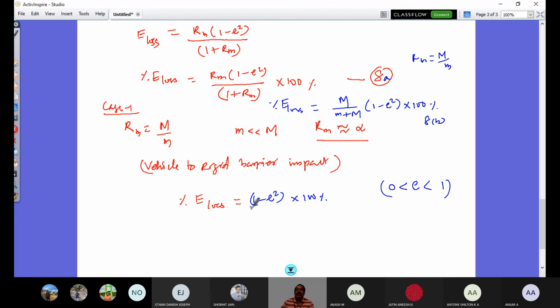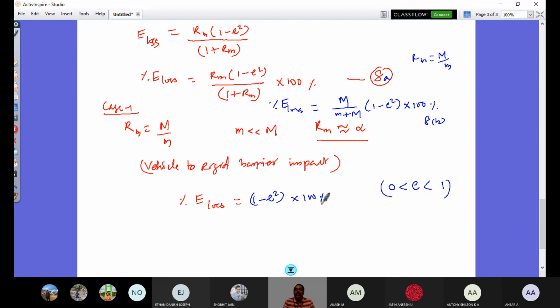If that is 0 here, what is the answer? Energy loss is 100%. That energy goes into the deformation phase of your crash event, accounted for by structural deformation and absorbed by the vehicle structure, and the rebound energy is 0.